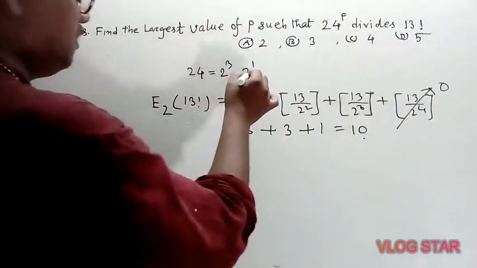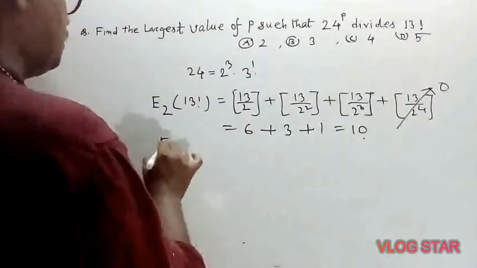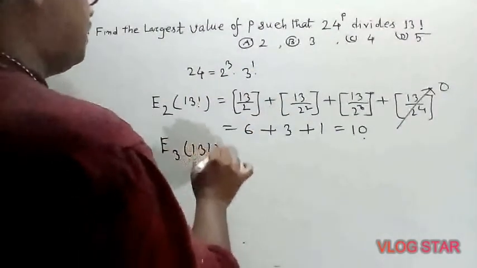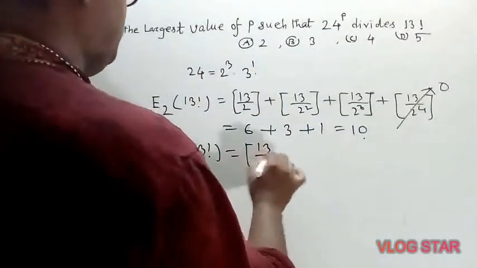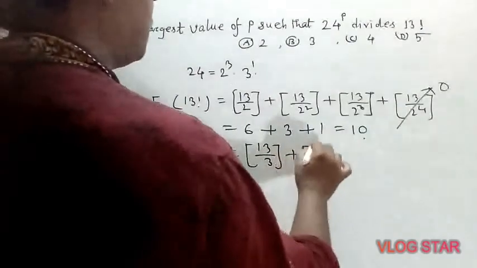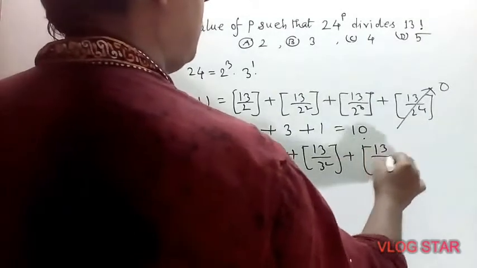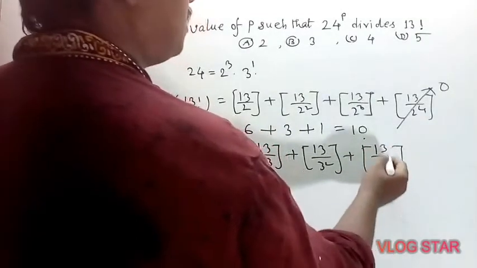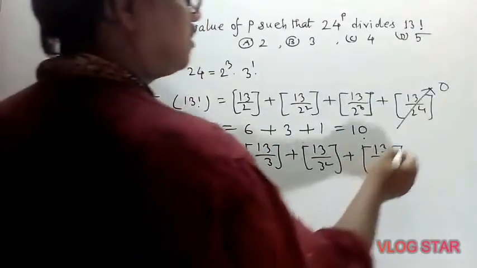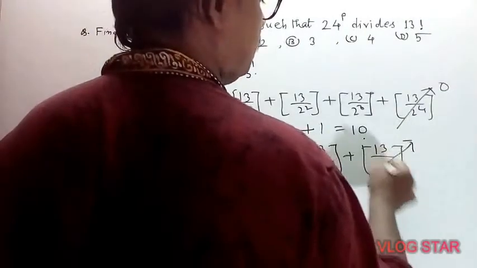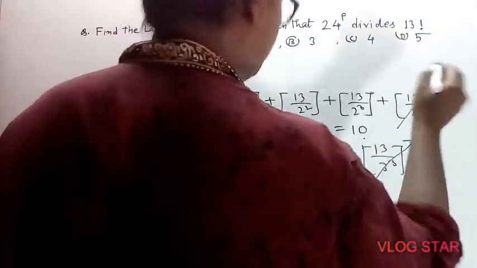Now we have to calculate the exponent of 3 in 13 factorial. This is 13 by 3 plus 13 by 3 square plus 13 by 3 cube. 3 cube means 27, and 13 is less than 27, so the integer value is 0.